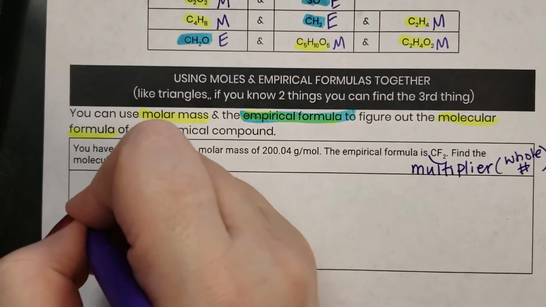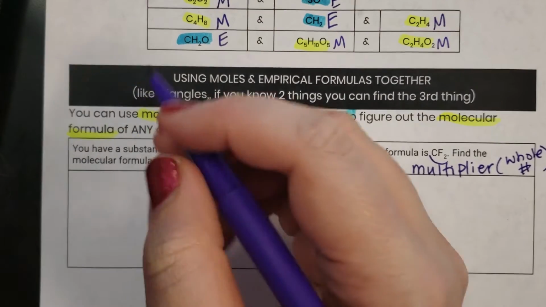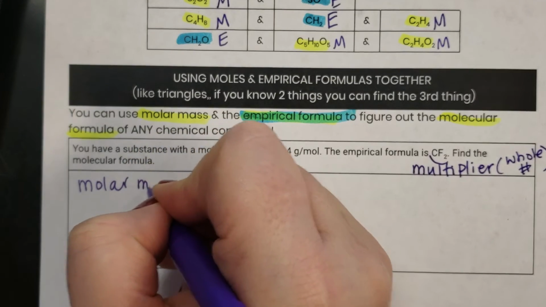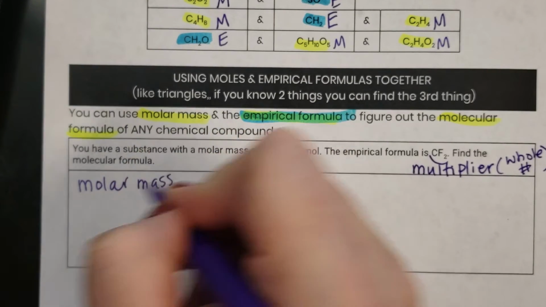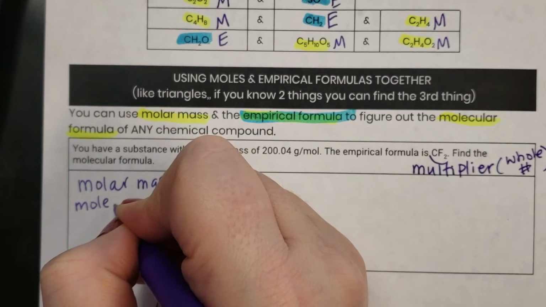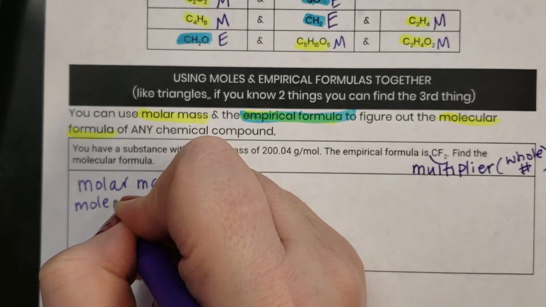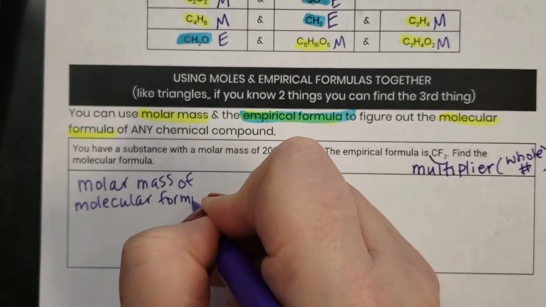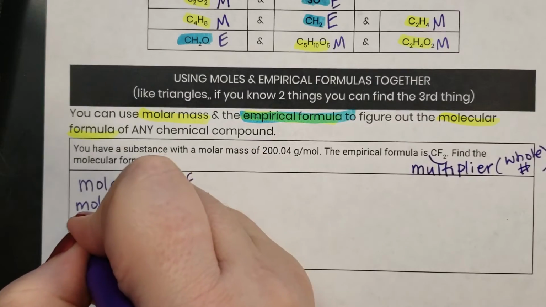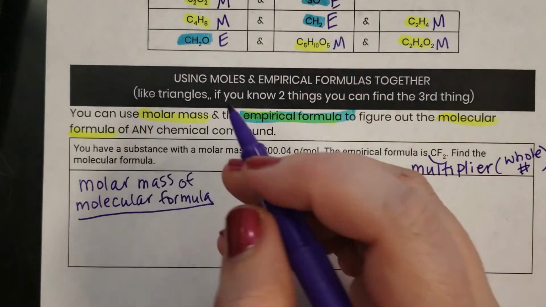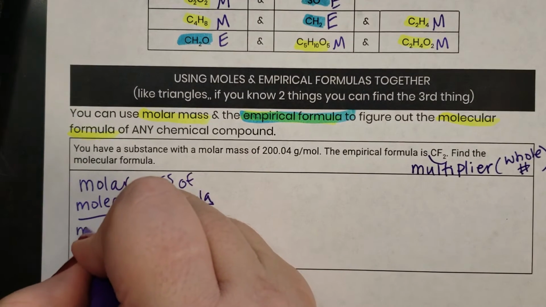You're going to take the molar mass of the molecular formula. Sorry, it's really hard for me to talk and write at the same time. And you're going to divide that by the molar mass of the empirical formula.